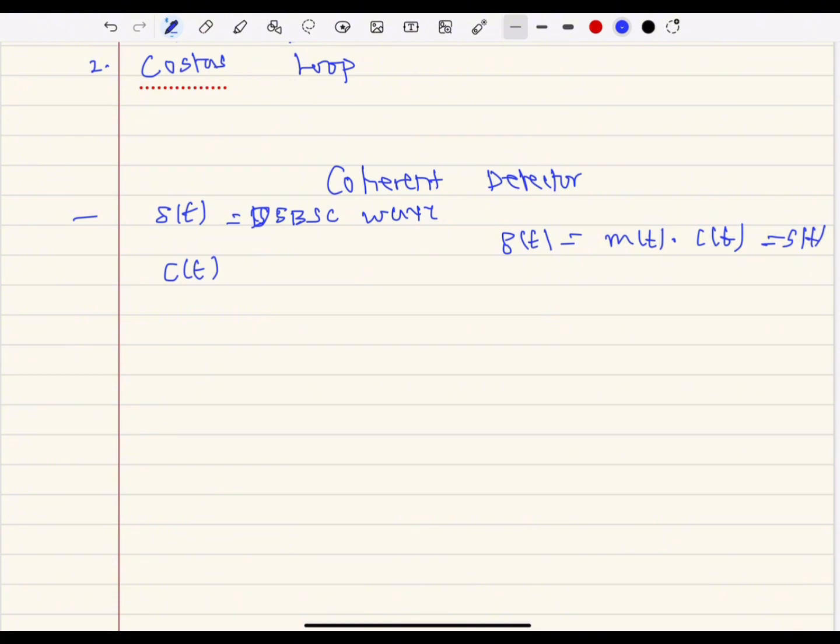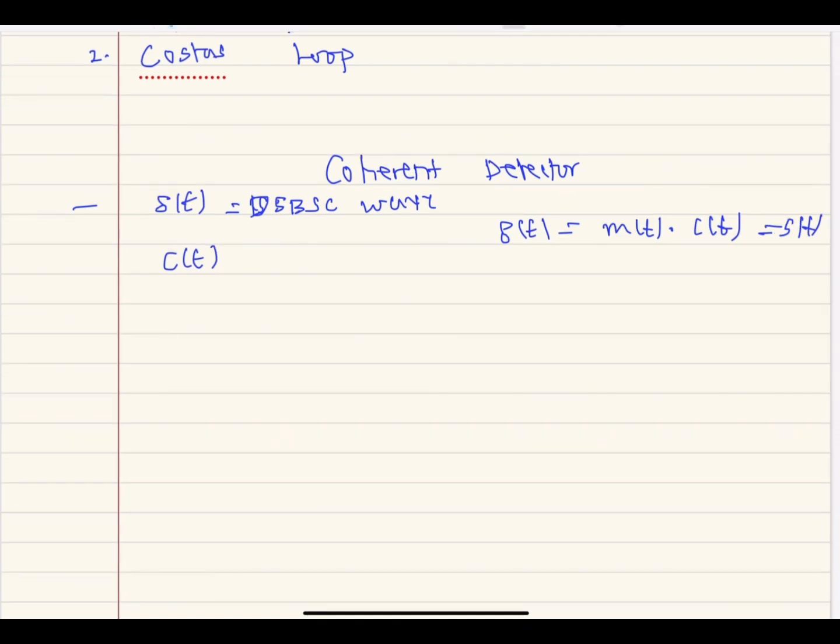So when we want to do a demodulation for it, we also need a product modulator in order to extract it. Let's see what we can do to extract our original message signal. The same carrier signal which was used during modulation of the DSBSC signal is used again to detect the message signal, and that process is what we call coherent detection.